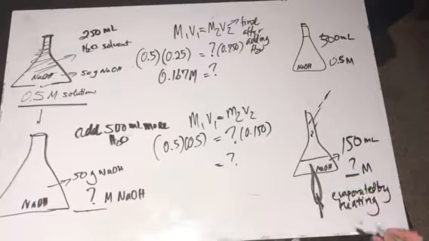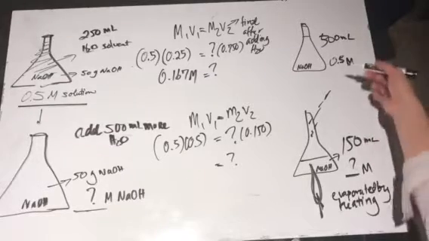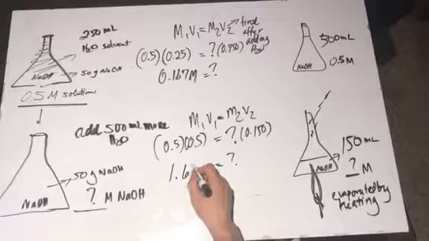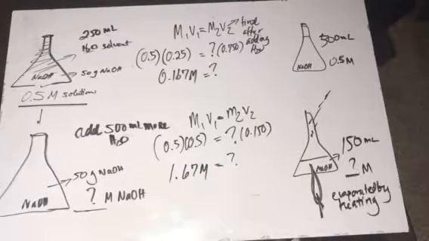Since there is less volume than before, the concentration should be more. We just want to confirm that. 0.5 times 0.5 divided by 0.15, and the answer is 1.67 molarity. So the second concentration over here is more than the first, which is confirmed based on our theory.